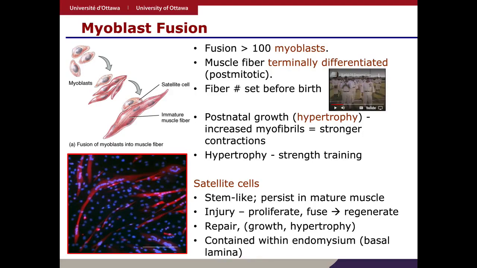They proliferate, differentiate, and fuse to form new functional muscle fibers. Some cells do not commit and remain as muscle stem cells. These satellite cells also contribute to postnatal growth and hypertrophy. Satellite cells are closely opposed to muscle fibers and reside within the endomysium or basal lamina.